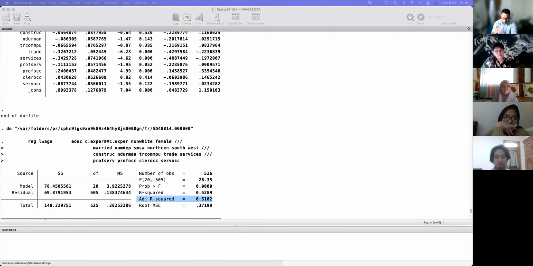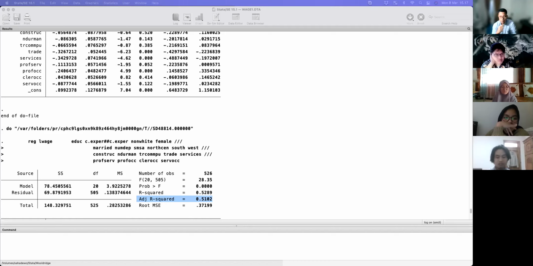Basically, if you add an explanatory variable into the model, your R-square increases automatically. However, R-square does not impose a penalty for adding new regressors. So for example, if you add a regressor that is not relevant in explaining the dependent variable, the adjusted R-square is going to adjust for that.